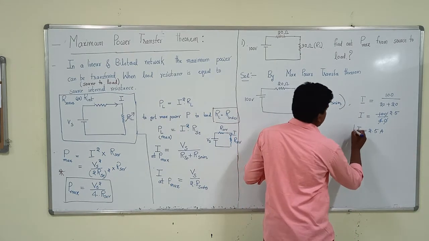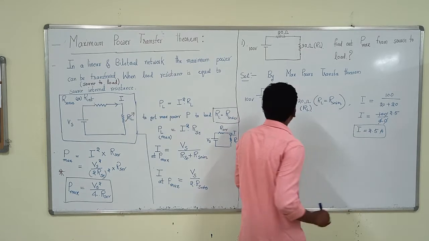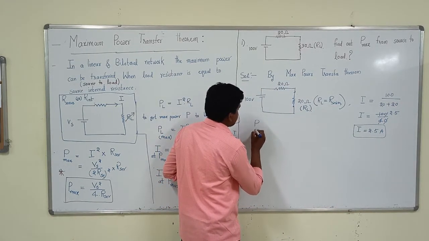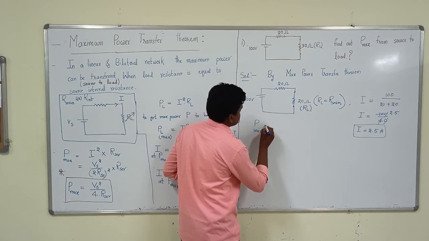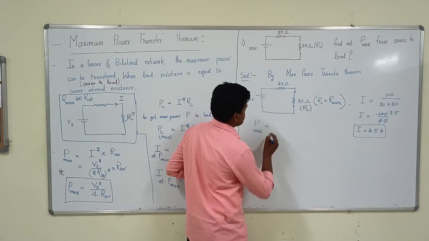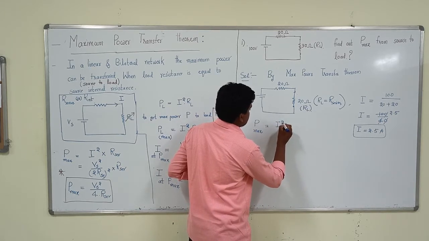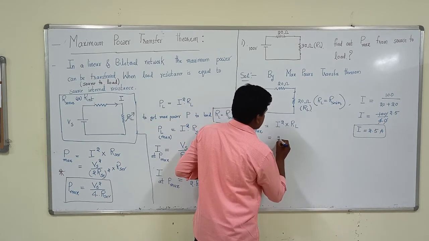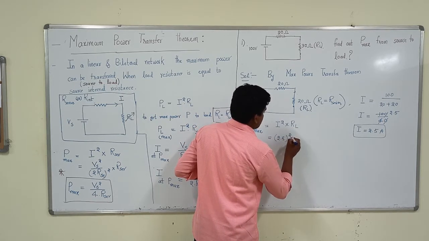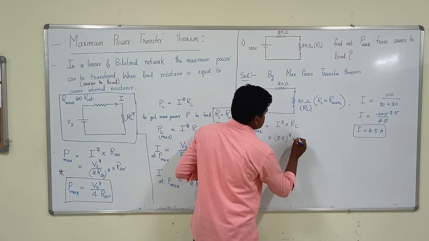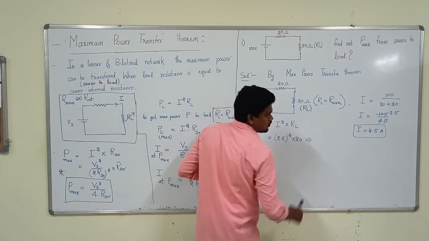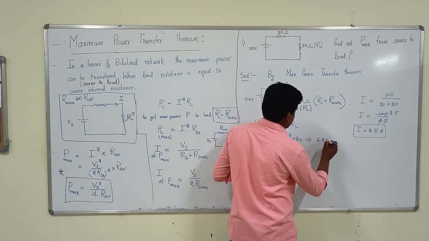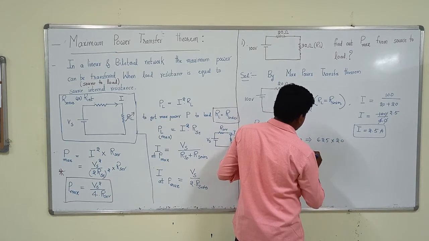Current is 2.5 amperes. Now the maximum power is I square into the load resistance. We already found the current, 2.5 square, into the modified load resistance, which is 20. 2.5 into 2.5 is 6.25, into 20.